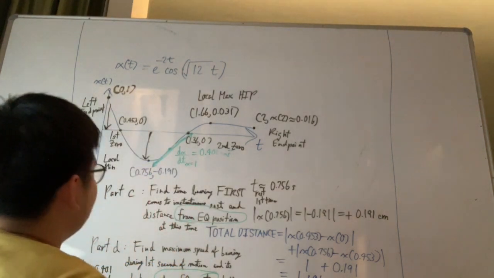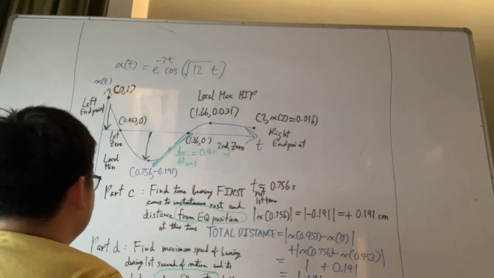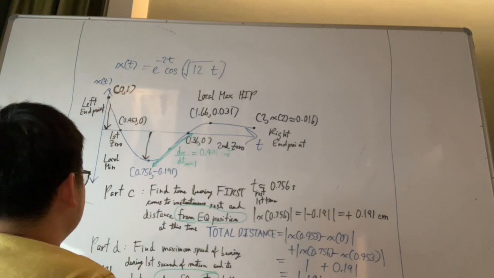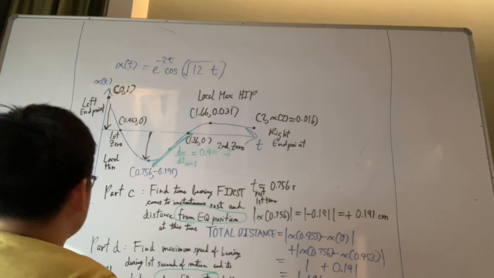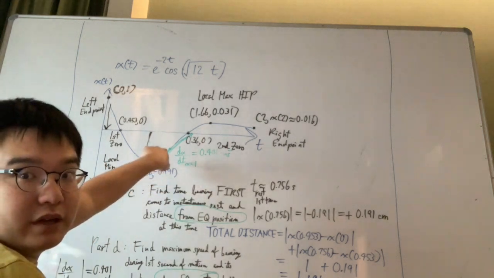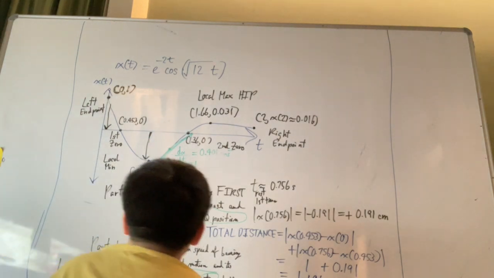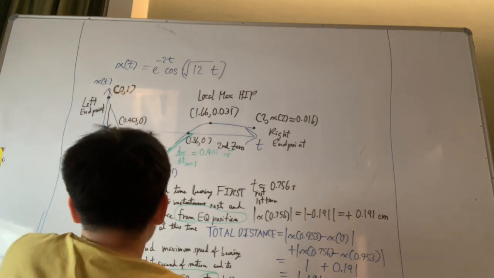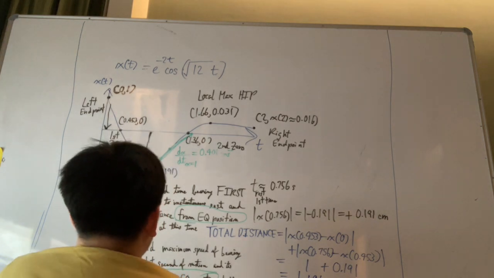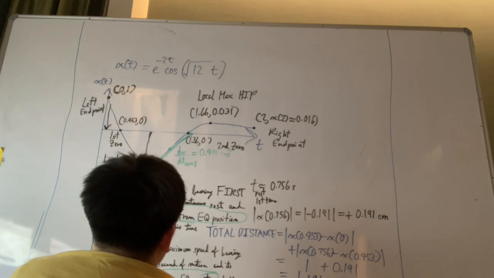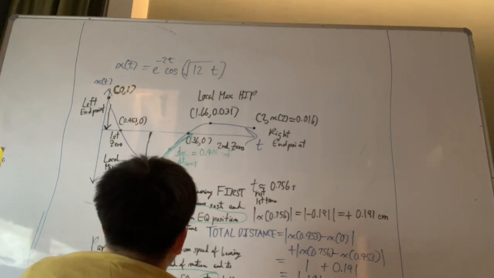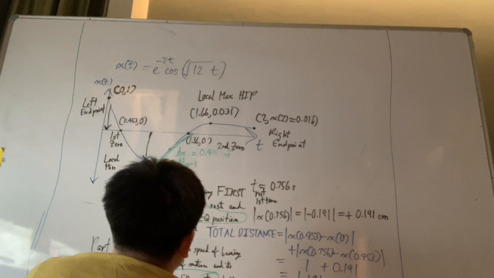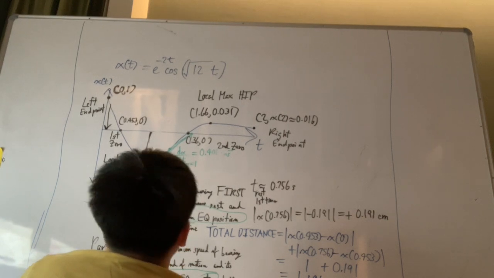And if you just want the distance from the equilibrium position during this time, all you need is the y-coordinate of that point, and then take the absolute value of it. So then the distance from the equilibrium position at this time simply becomes the absolute value of x of 0.756.